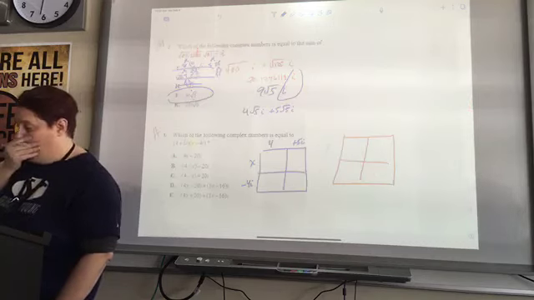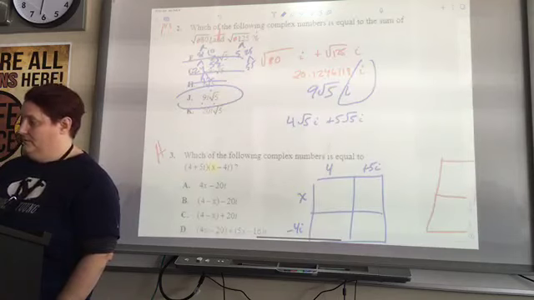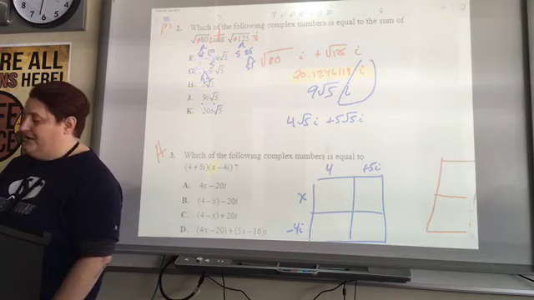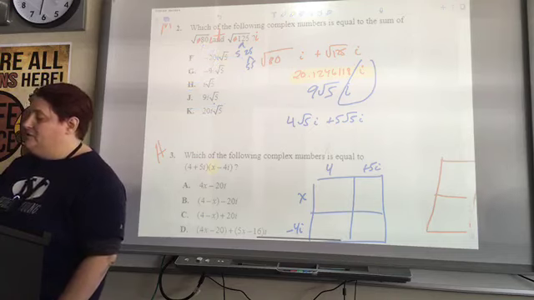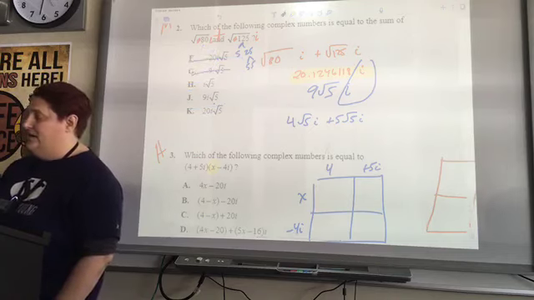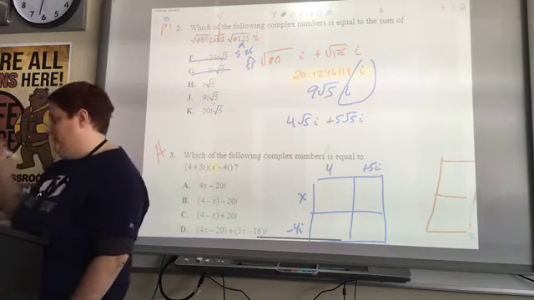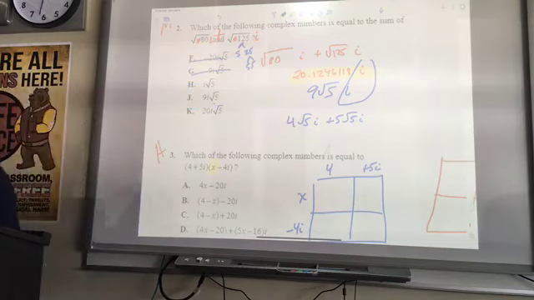Wait, so how do you get the number? Yeah, so I look at each of my answers right here. And first of all, you can tell it's not these two because it's not negative. So plug in root 5, 9 root 5, 20 root 5 and see which one it is. Make sense?